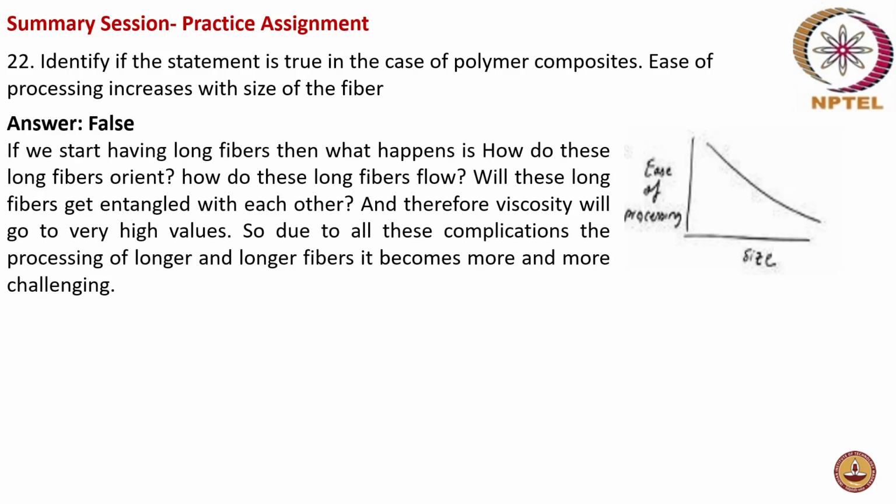So the ease of processing decreases with the increase in size of fiber. If you start having long fibers, how do these fibers orient, and how do they flow? The fibers may get entangled, so the viscosity will go to higher values. Due to these complications, the processing of longer and longer fibers becomes challenging.